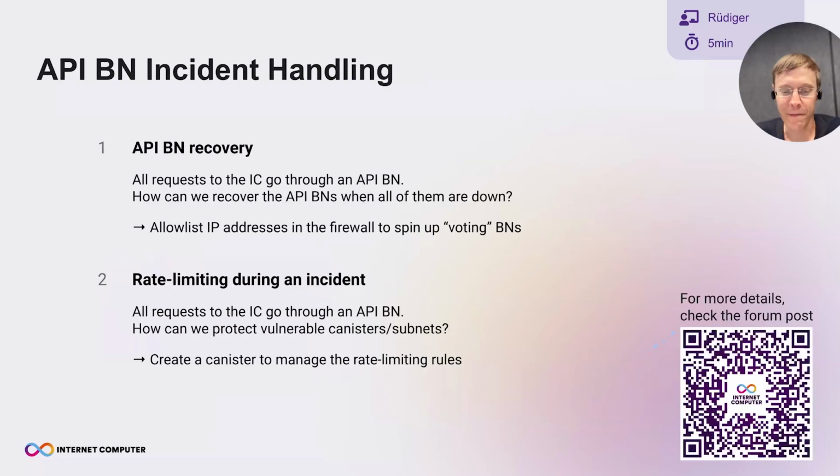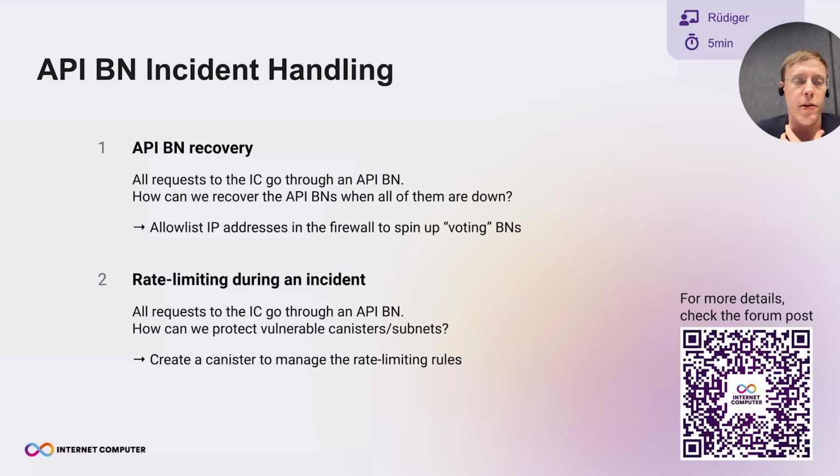Next slide, please. Now, obviously, the goal is to not have any incidents at all, but reality shows there will always be some incident, and for this, we have to be ready. Today, I will just give you a very high-level overview of what we propose to do. For the details, you can check the forum post that I linked with this QR code on this slide.